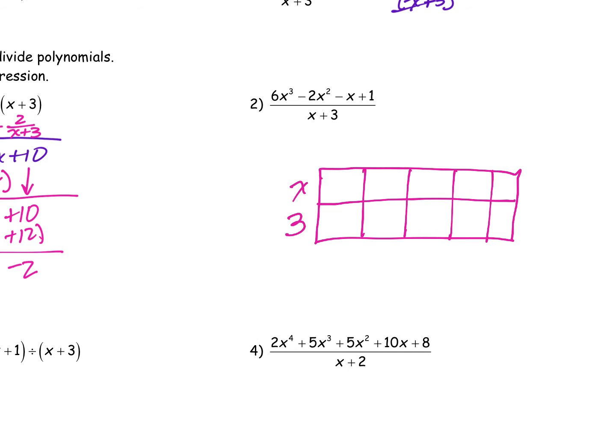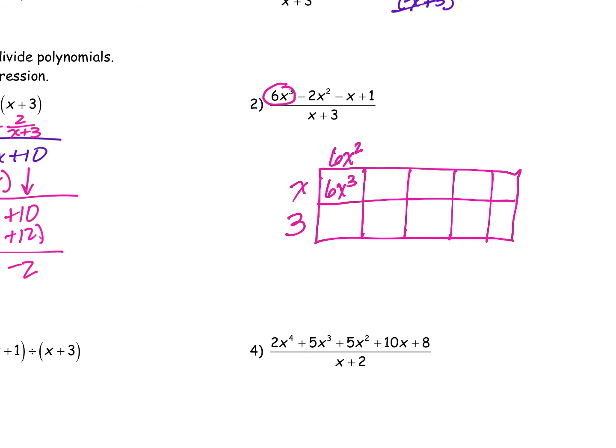My first answer, 6x cubed, needs to go here. So same first question. What do I multiply x by to get 6x cubed? 6x squared. Great.